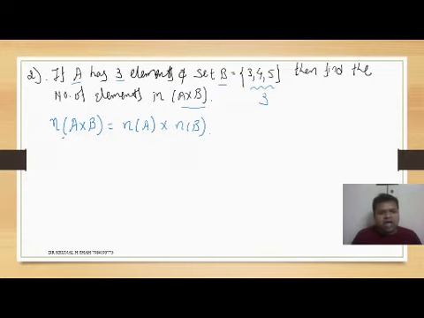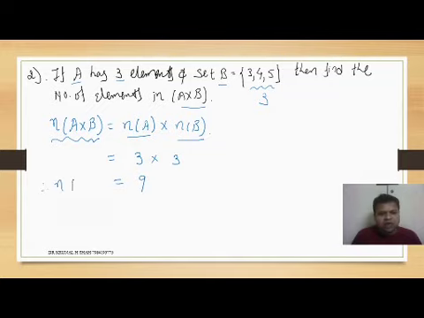So here n of A cross B, that is the number of elements of A cross B, is equal to the number of elements in A cross the number of elements in B. Cross means here we will take multiplication. So number of elements in A, how many elements are there? 3. Cross number of elements in B, how many elements are there? Once again 3. So 3 threes are 9.